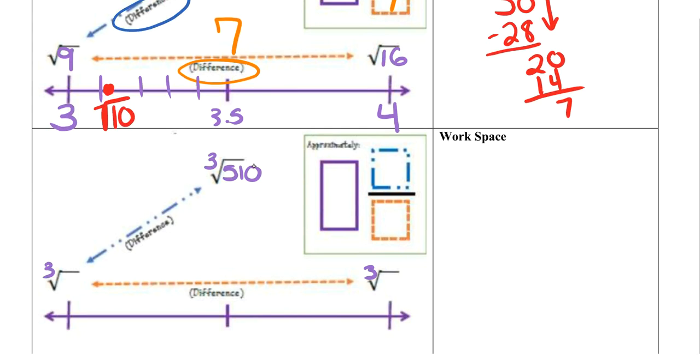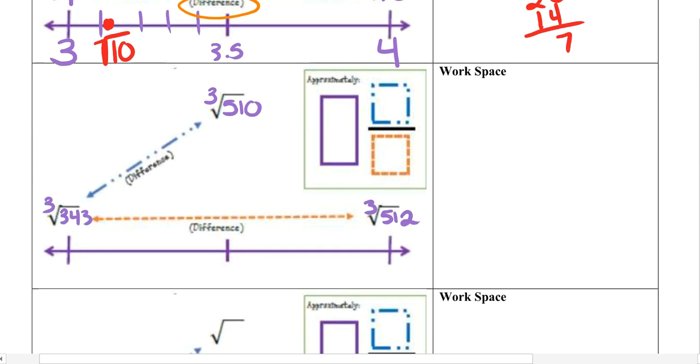So if I look at my chart, I can see that that's going to be between the cube root of 343 and the cube root of 512, sorry, and that is going to put it between the whole numbers 7 and 8. So I know that the cube root of 510 is going to be approximately 7 point something. So then if I find my differences, so 510 minus 343, and if you want to use a calculator for this quick math, that's okay.